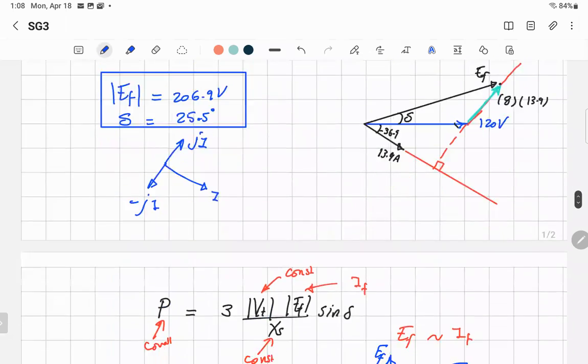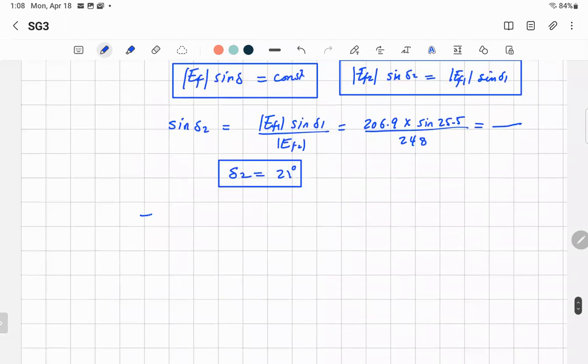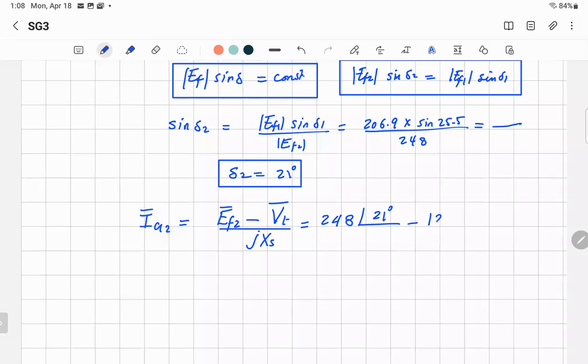So now I can find IA. IA is equal to EF minus VT divided by JXS. EF, the new one, now I'm talking about the second, EF2, the magnitude is 248 with angle 21, minus the terminal voltage, which is constant, 120 on angle 0, divided by J8, and you get the stator current.